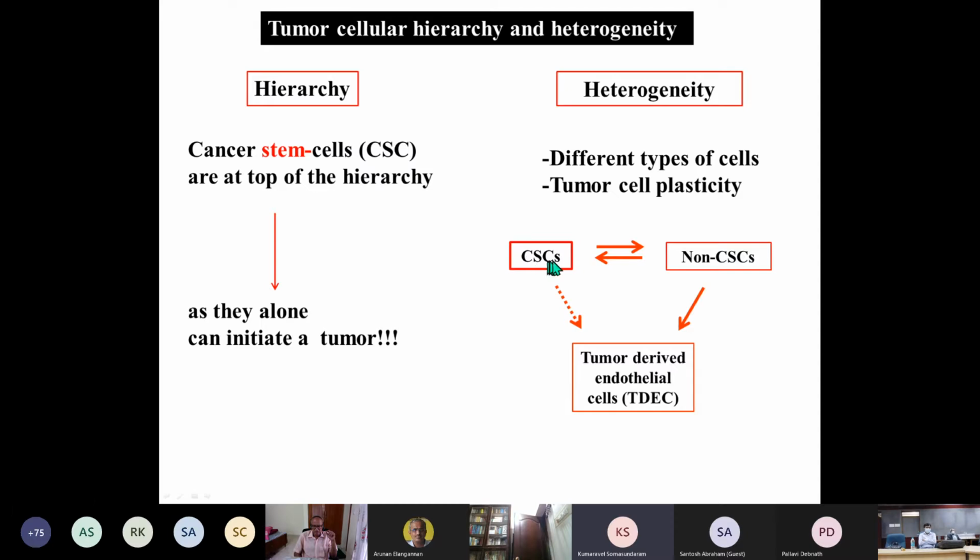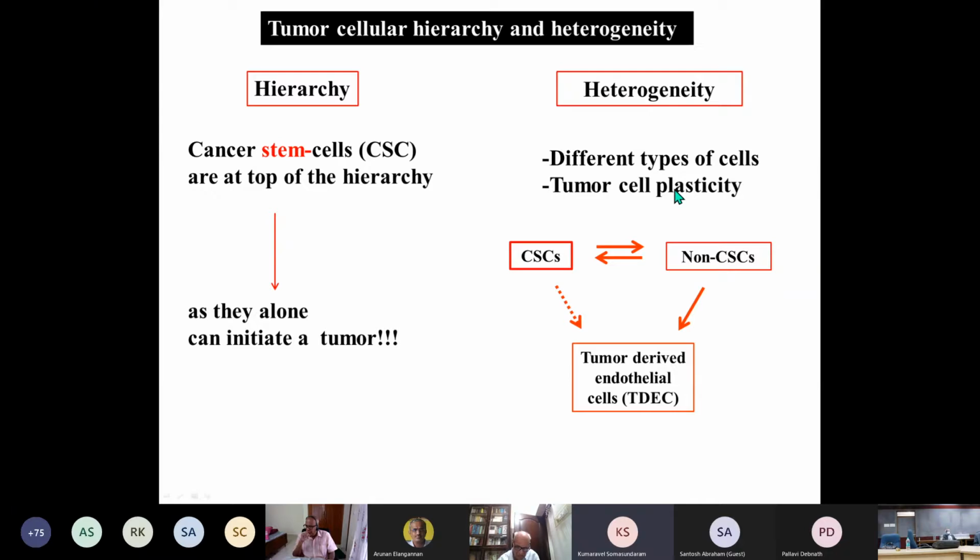For example, CSCs, cancer stem cells, can differentiate to form non-cancer stem cells, and then they can also de-differentiate to form stem cells. One more phenomenon people have recently found is that non-cancer stem cells can differentiate further to form endothelial cells. So these two phenomena change the proportion of different types of cells in the tumor, which can vary between different tumors, and that carries heterogeneity.